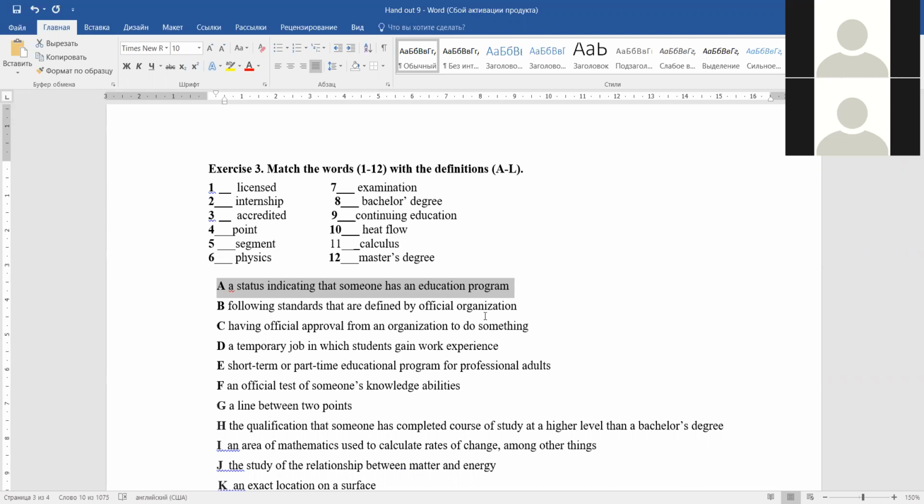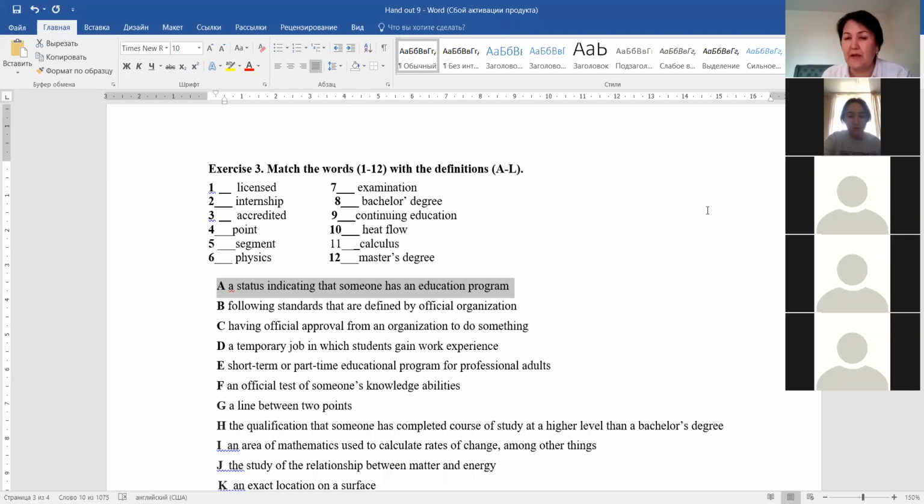Licensed? No, it isn't true. Not licensed. Iskender, status indicating. Bachelor's degree. Yes, it is bachelor's degree. How do you translate it? Уровень бакалавра. Степень бакалавра. Yes. Aysana, please.